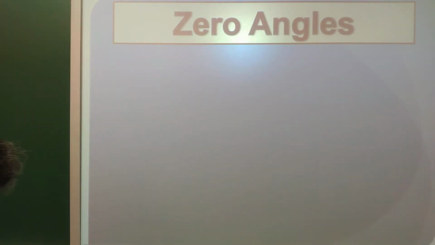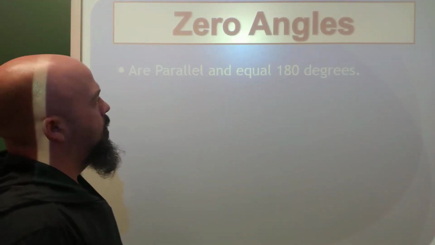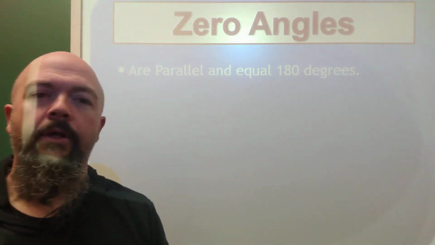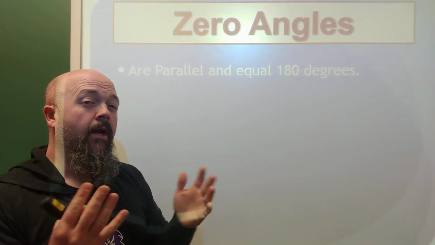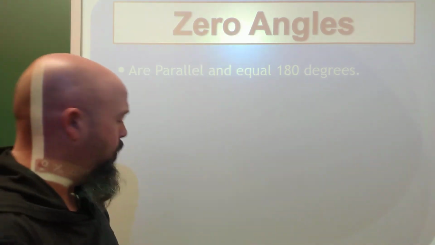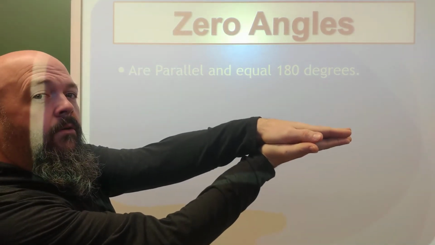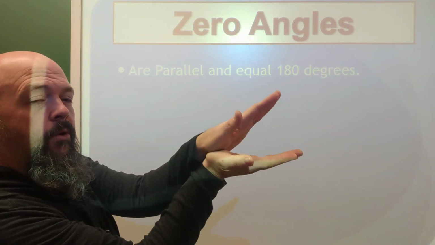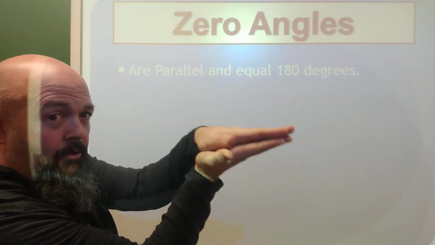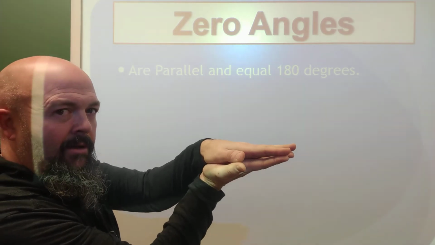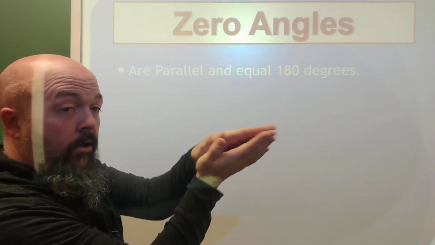Okay, what is a zero angle? Zero angle is really where you have two rays. Technically, think about this: you have two rays that are just sitting on top of each other. So there's two rays, but when there's zero angle, that means there's literally nothing between them. So they are a zero angle set.